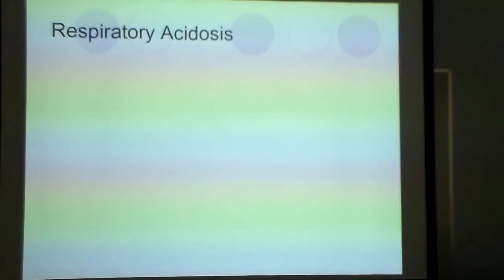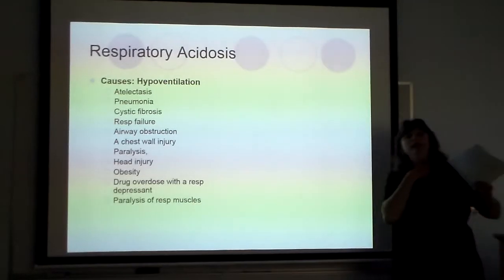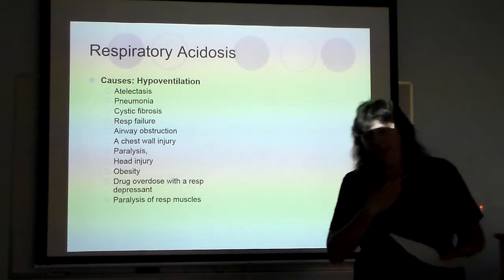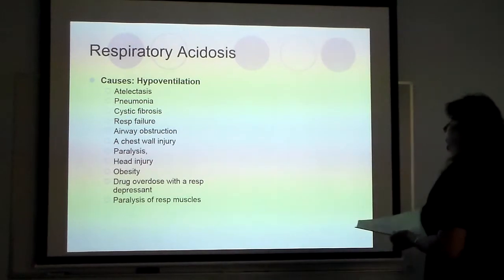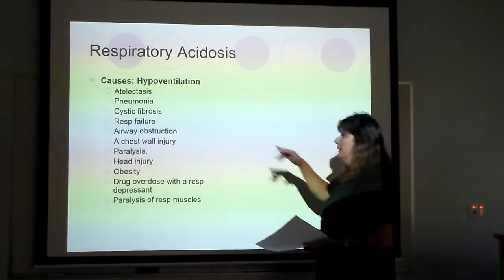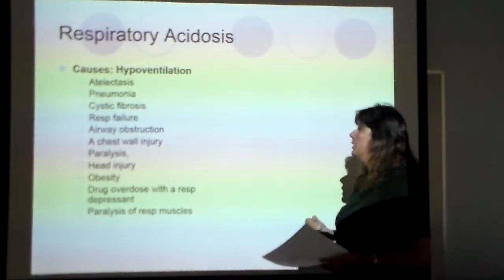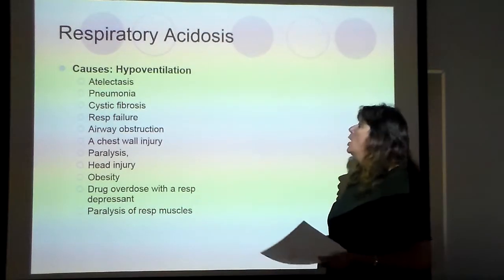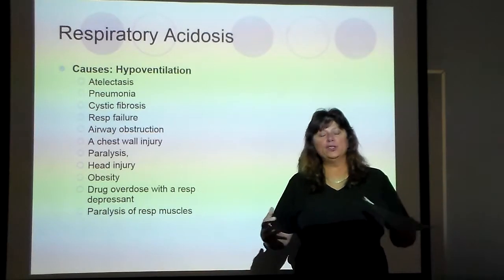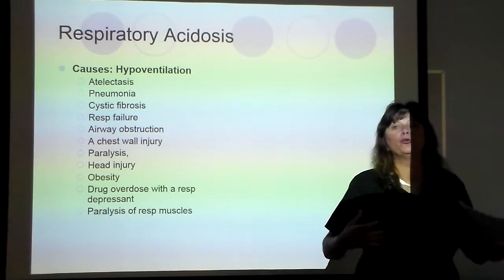Okay, let's talk about a very common respiratory acidosis first. We see this with hypoventilation, that choking hot dog, okay? We also see it with atelectasis of the lungs, where the lungs have lost their compliance. We see it with pneumonias, where there is no ventilation, there is no perfusion.